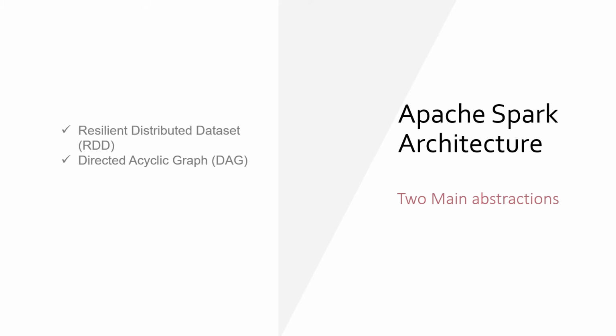DAG is nothing but a graph which holds the track of operations applied on RDD and finds a minimal schedule to run the job. In simple words, DAG is like a flowchart that tells the system which tasks need to be executed and in which order the execution will happen.